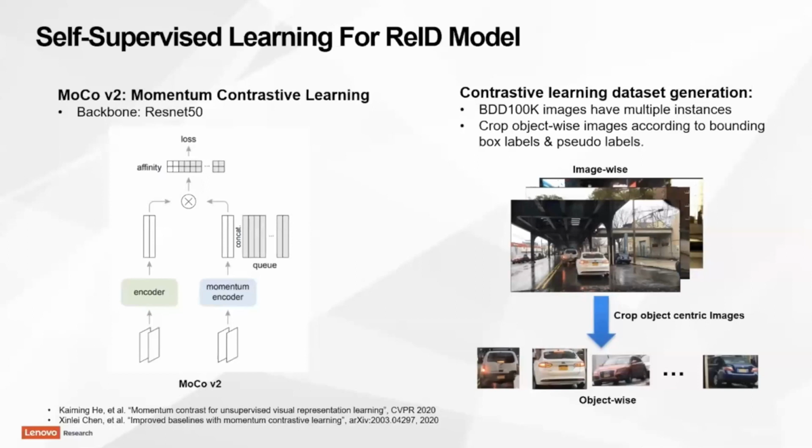Then we fine-tune MoCo V2 on the BDD100K dataset. We don't rely on tracking annotation to train the ReID model and detector model, so our solution relies just on static datasets. We don't need video sequence annotation.